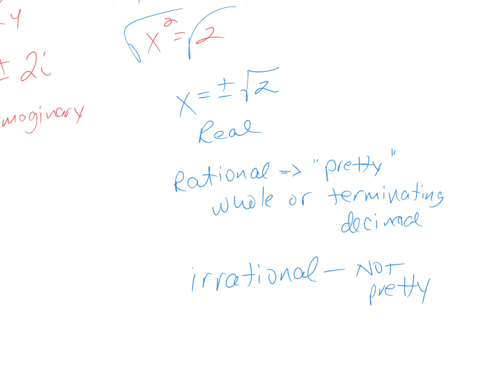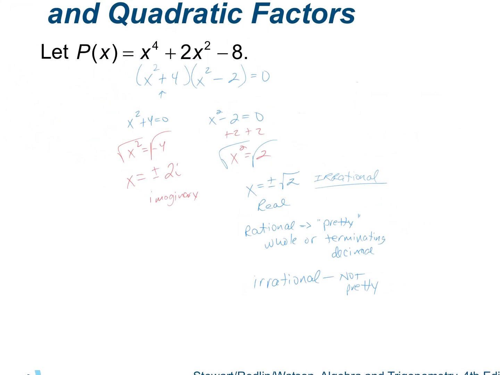It's irrational. So when we talk about reals and imaginaries, those are 2 categories, and then we can break down reals into 2 categories: rational, which are quote-unquote pretty, and irrational, which are not. So just make sure you understand what those words mean.